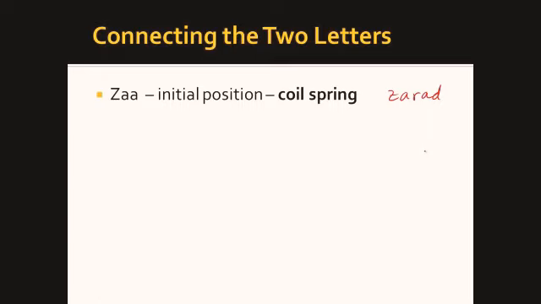Okay, so we're going to write, and again, just to summarize here, we have the za in the independent and initial positions, and in these positions it looks like this. Okay, so we have the za. Now it comes at the beginning of the word, so we're going to write the za in the initial position. Okay, so we're going to write it like this.